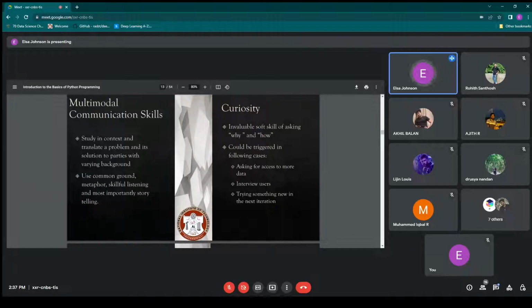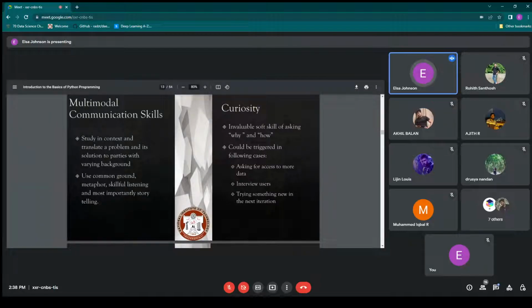Next is curiosity. It's an invaluable soft skill of learning why and how. This can be triggered in the following cases. You might be asking for access to more data. You may have only a little data, and from that you can draw out a certain pattern, but you need more data to see the correct result.